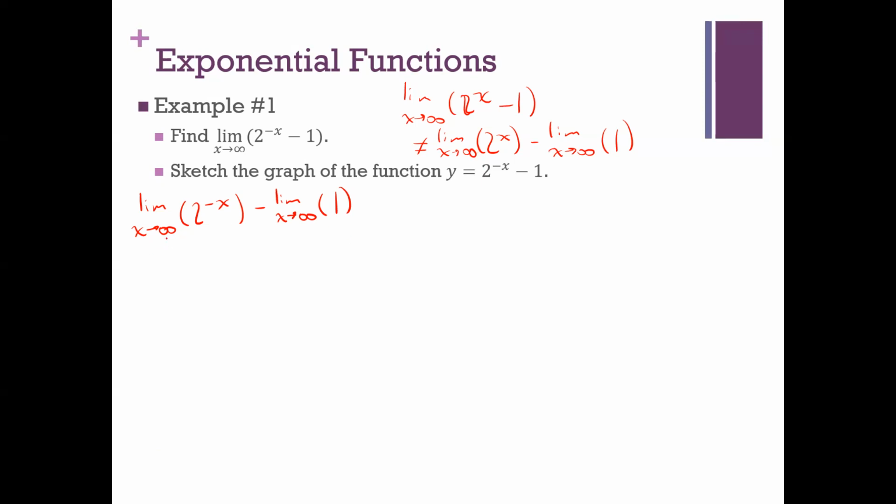As opposed to this, what is the limit as x approaches infinity of 2 to the negative x? 0. Do we understand why that is? Is there a way to rewrite 2 to the negative x? Yeah, that's the same as 1/2 to the power of x.